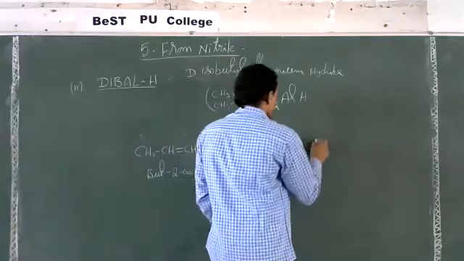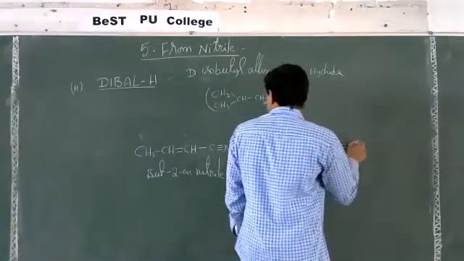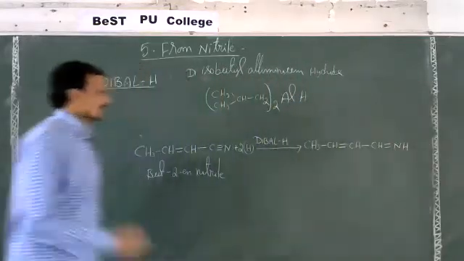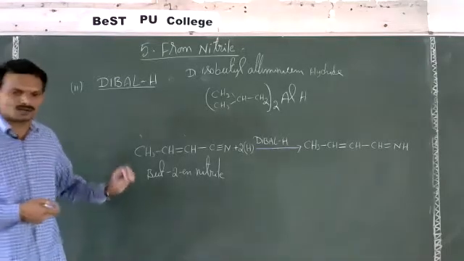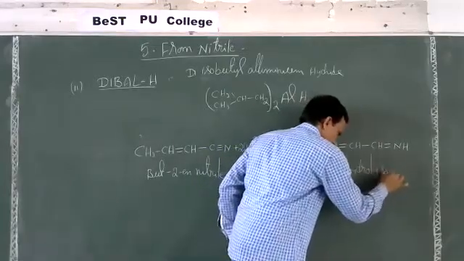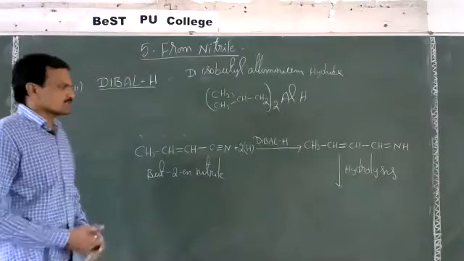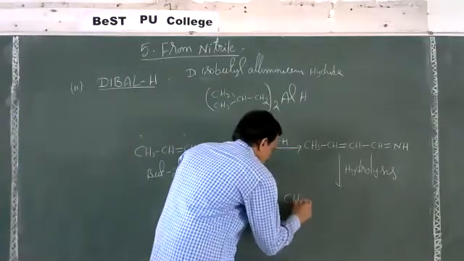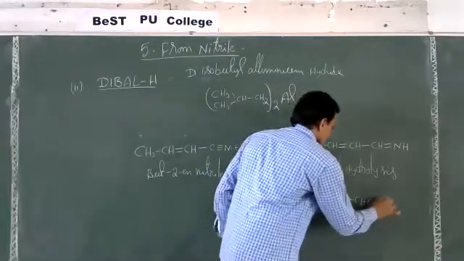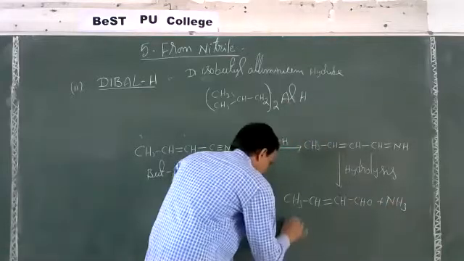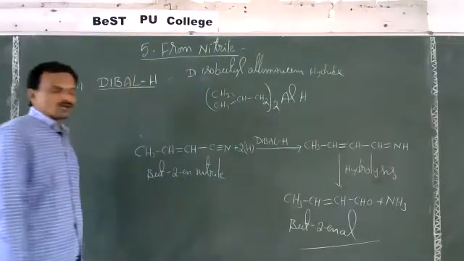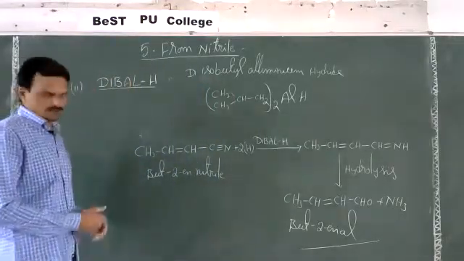Then you get CH3-CH=CH-CH=NH. So the reduction takes place without affecting the unsaturation, and this on hydrolysis gives CH3-CH=CH-CHO plus NH3, nothing but but-2-enal.